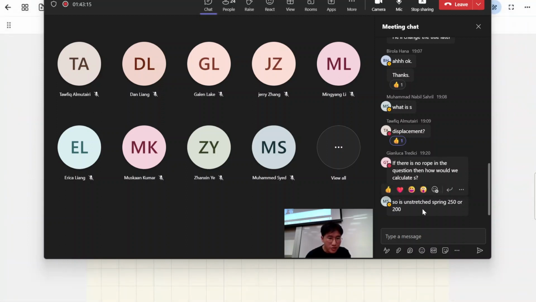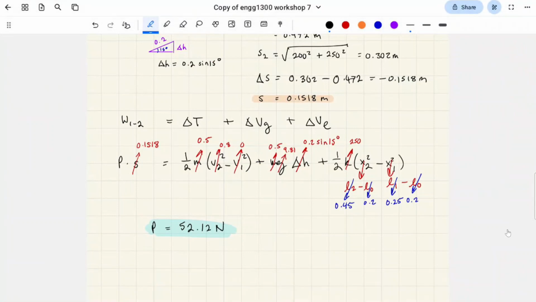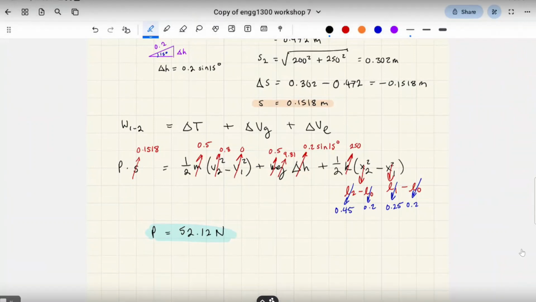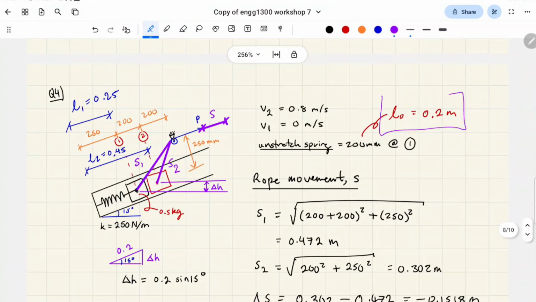So is unstretched spring 250 or 200? Basically, the unstretched spring... I see what you mean.